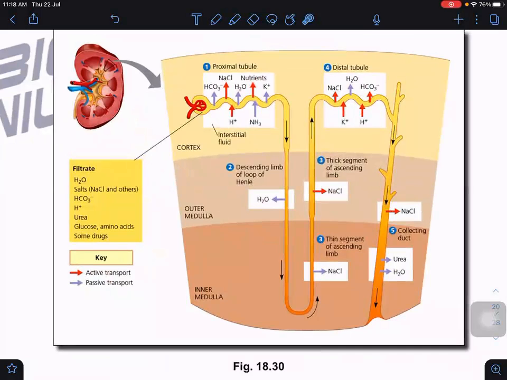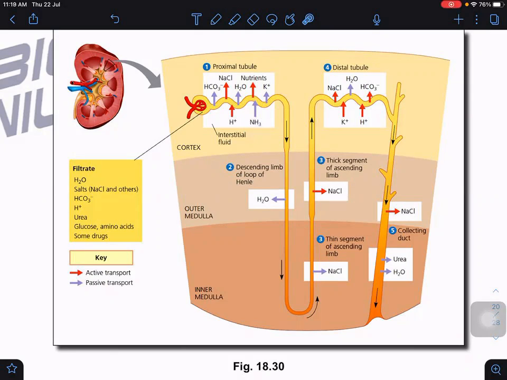The most happening one is our PCT, where you can see that we reabsorb back the sodium and chloride ions, the nutrients, and also the most important water molecules. Sometimes the cells also produce ammonia.